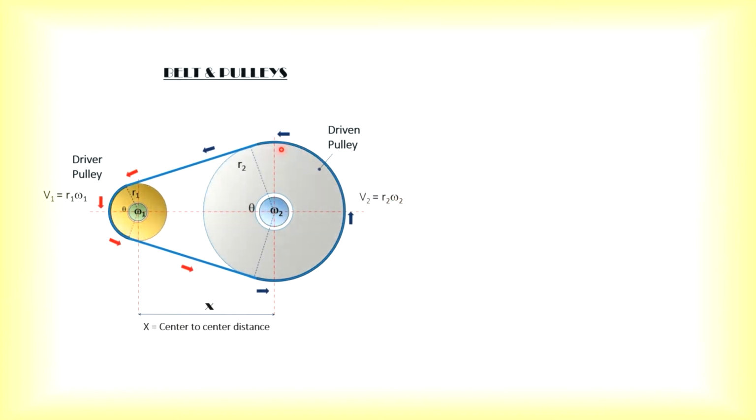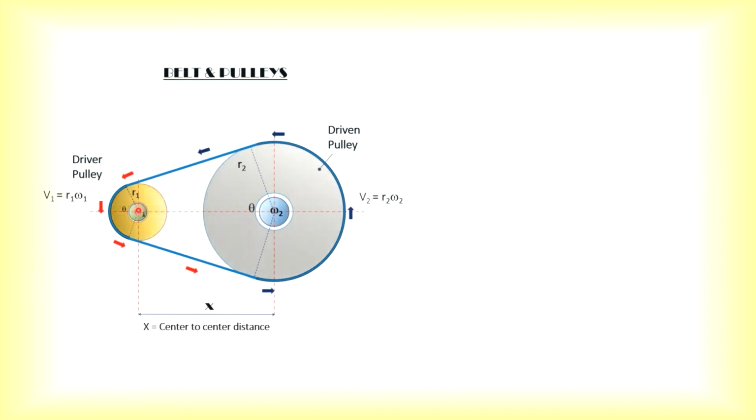Now, since there is only one belt over both pulleys, we can say that V1 should be equal to V2, based on one single belt.